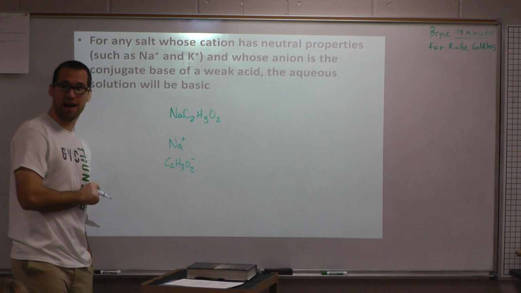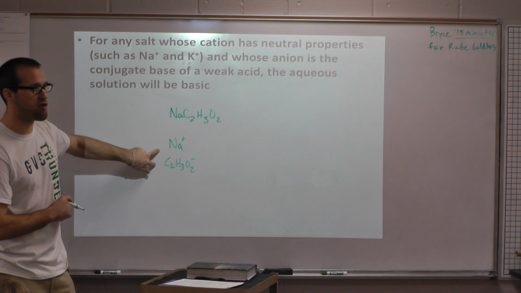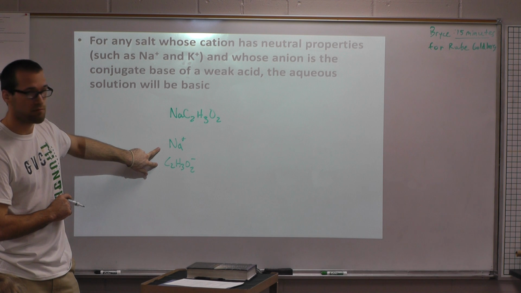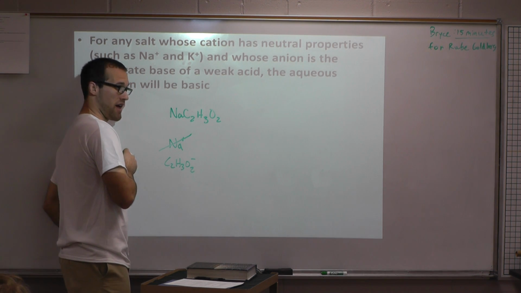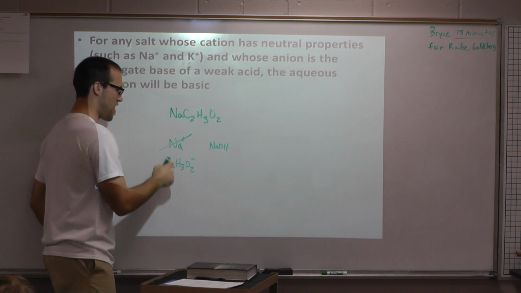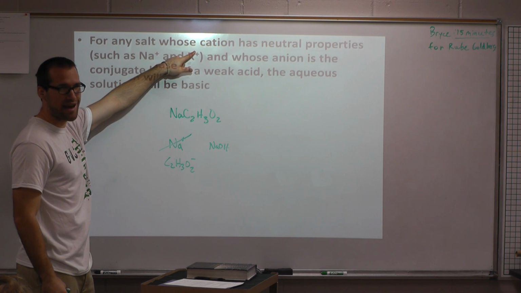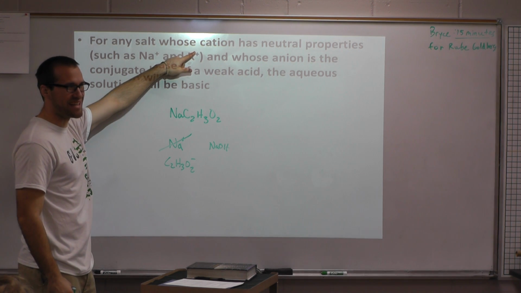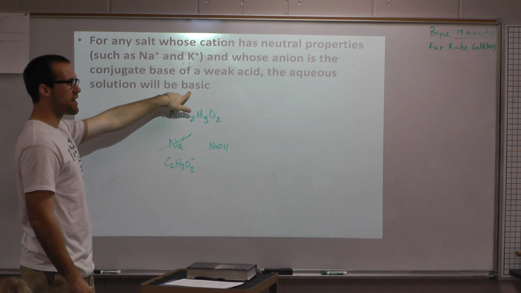Okay, the question you need to ask yourself is, will either of these react to form something strong? NaOH. Yes. So this is going to have no effect because it would produce NaOH. So that is the neutral guy. Cation is neutral. When the cation is neutral and the anion is not, it says it's going to produce a basic solution.